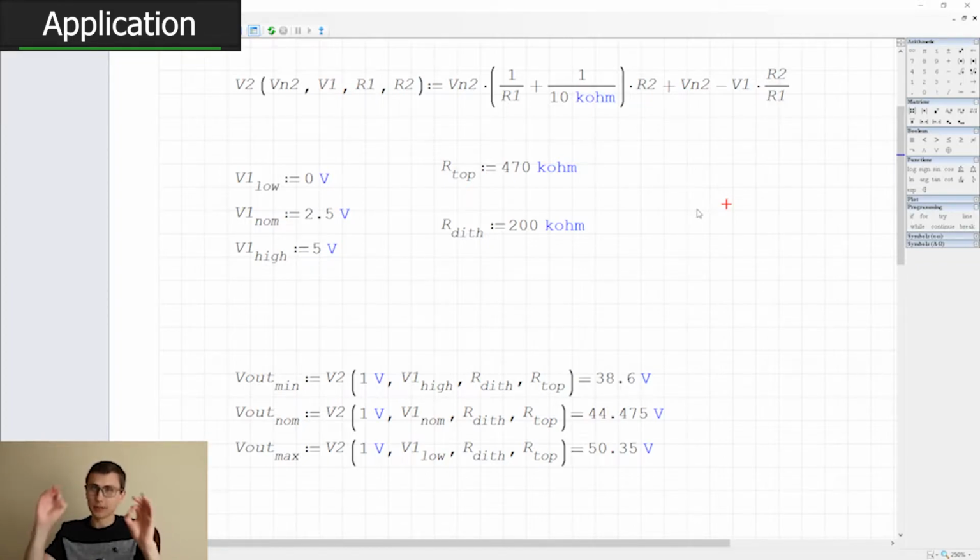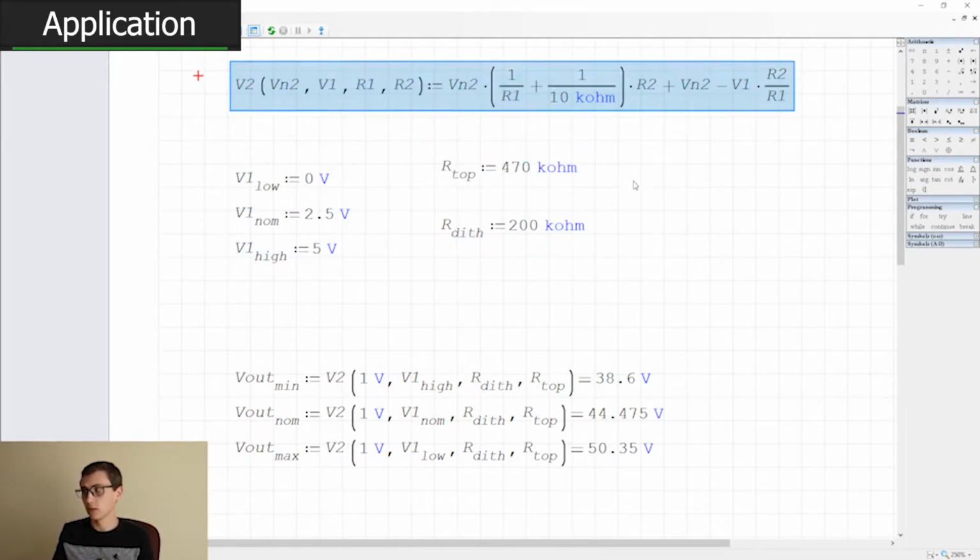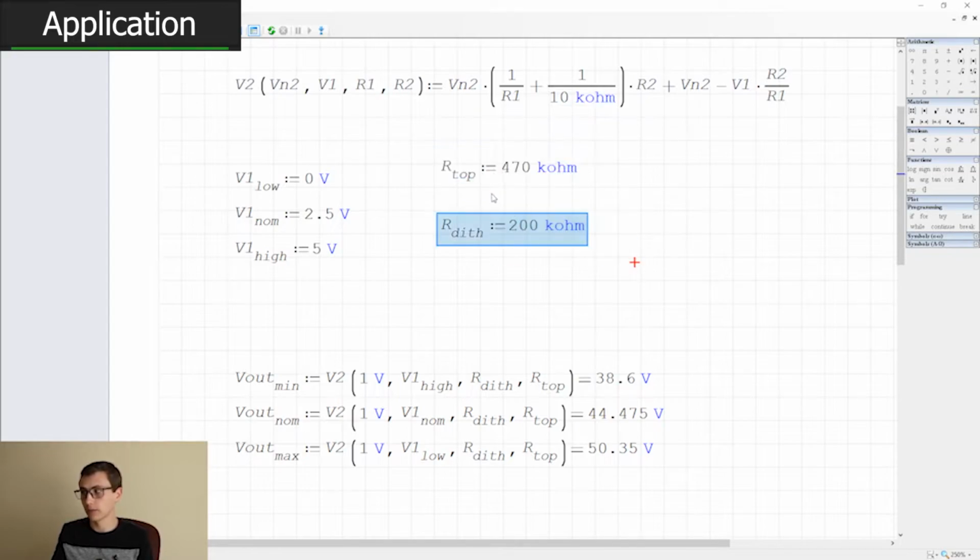And then I would start from there and tweak the orderable resistor values until I get something that most closely matches my design requirements. Basically, I would solve the system of equations to find the ideal value of R top given R div, or the other way around, and then find an orderable set of resistor values for all three that leads to the highest accuracy.